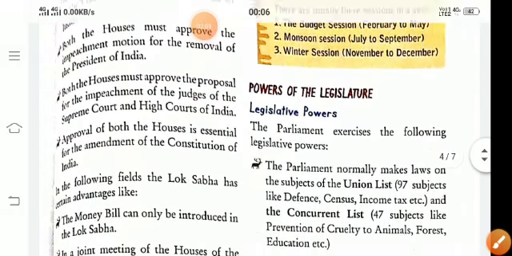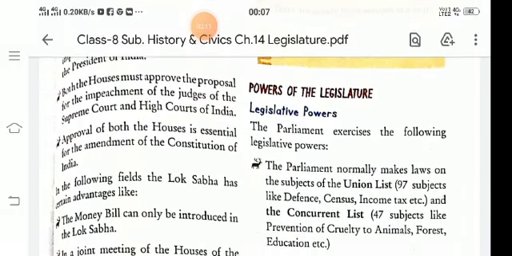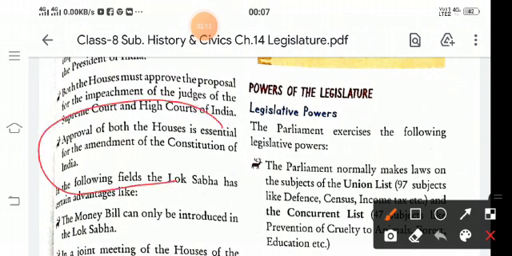Apart from that, another common power is that both the houses are essential for the amendment of the Constitution of India. If there is any amendment in the law, both the houses have to participate. They have to give the vote for this amendment bill.